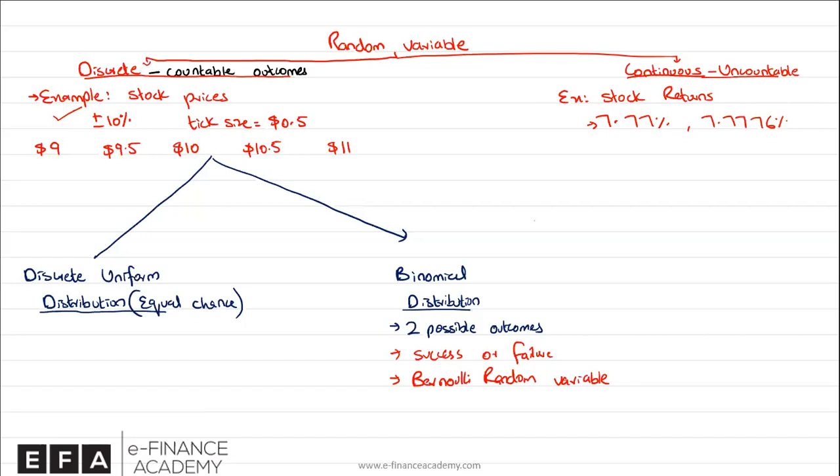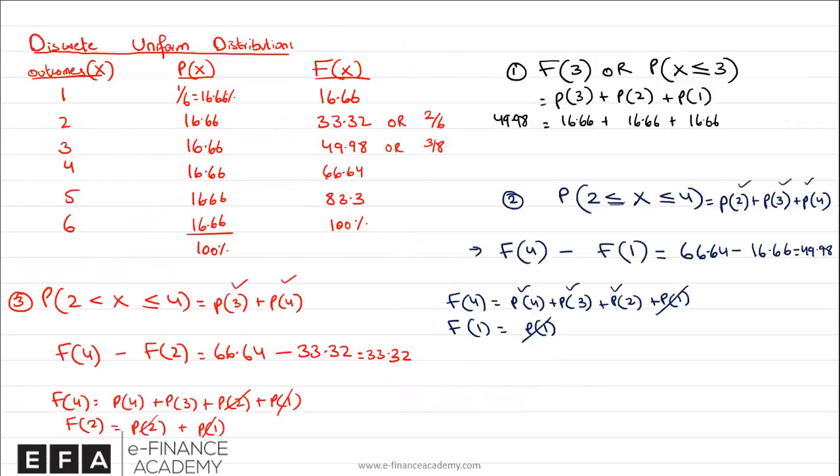And each time we toss the coin, the toss is considered a trial, and it's called a Bernoulli trial.